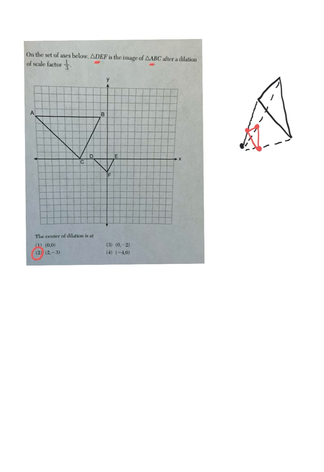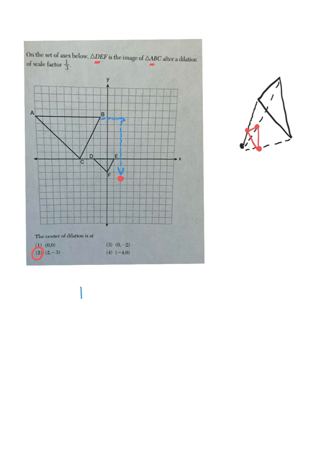Okay, so I'm going to count the distance to get from B to E. Pardon me, my mistake. To get from B to 2, negative 3, that's what I meant. My apologies. So watch, I'm going to go over, what is that, 1, 2, 3, and then I'm going to go down, and you count how many down I went.